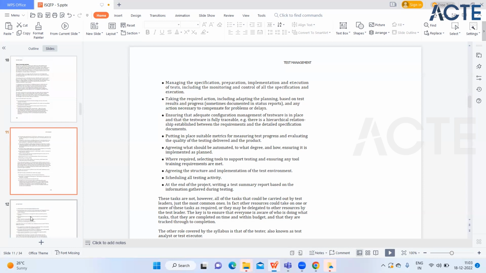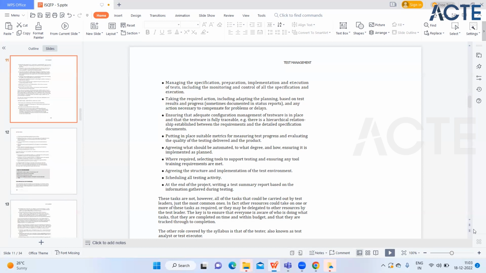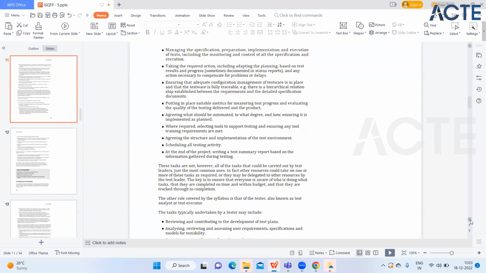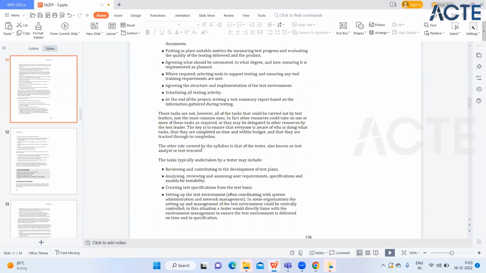Now we have to see the tasks of testers. Okay, so the other role covered by the syllabus is that of the tester, also known as a test analyst or test executor. The tasks typically undertaken by a tester may include reviewing and contributing to the development of the test plan.